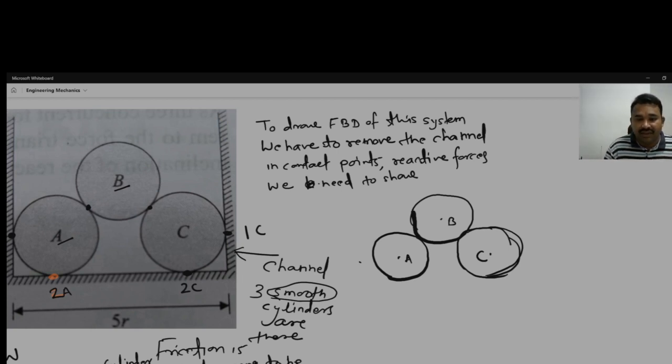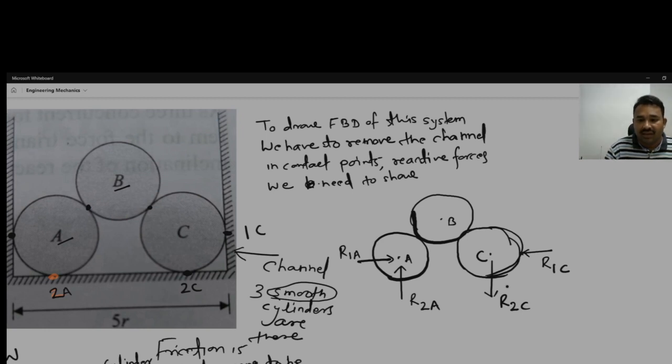So here it will be here and here. Which one will this be? R1A. This will be R2A, and here it is R2C, here R1C.